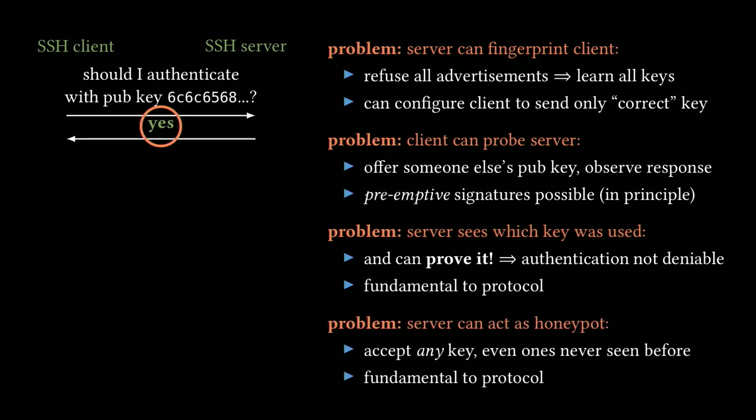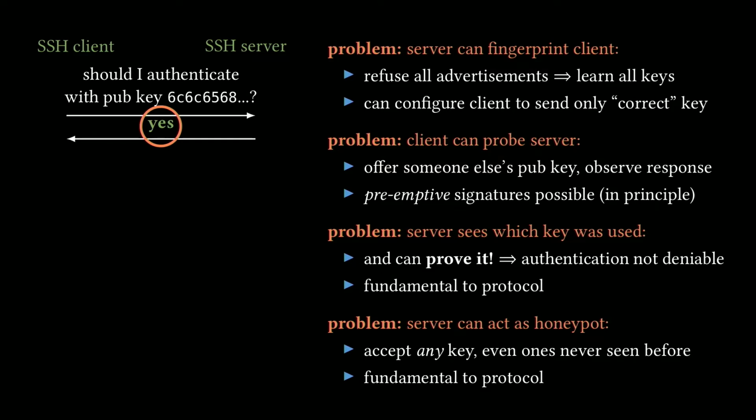And finally, it's not only bad when the server says no to every request. If the server can just say yes to every request, that's also kind of bad because the server can act as a honeypot. So imagine that the client connects to the wrong server, but decides to trust that server because it's the first use. That's a common scenario. So in this case, the client would be mistaken about which server it's connected to.